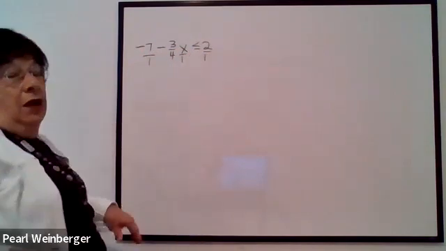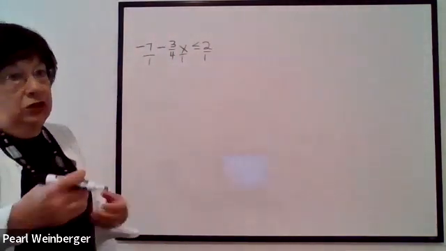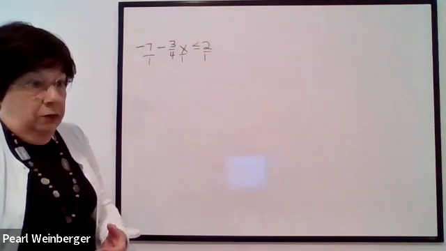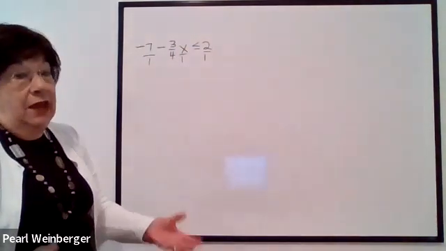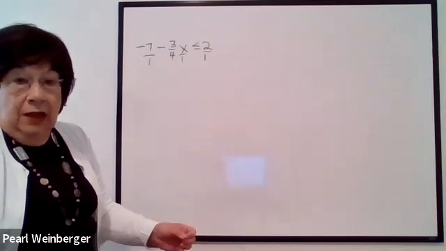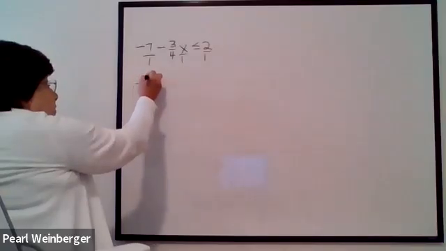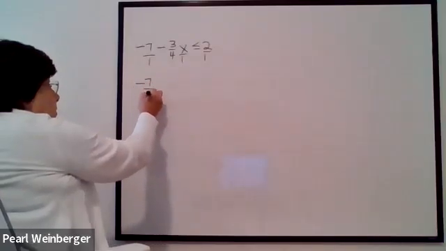It's very hard to deal with something that's a combination of fractions and whole numbers. You can't make the fractions into whole numbers necessarily, but you can make the whole numbers into fractions. So that will leave us with -7 over 1.